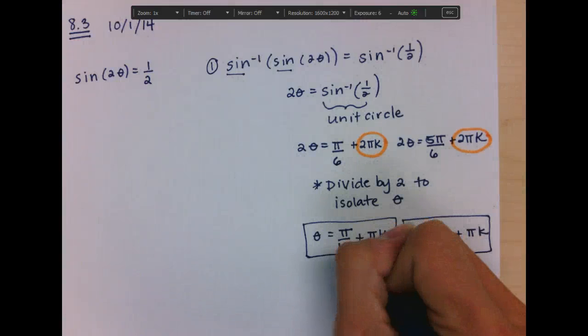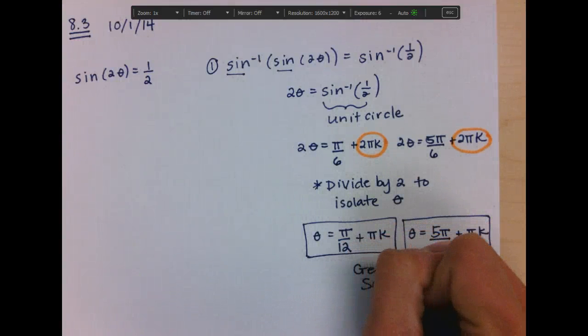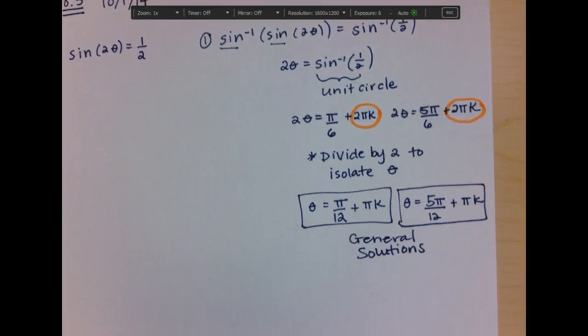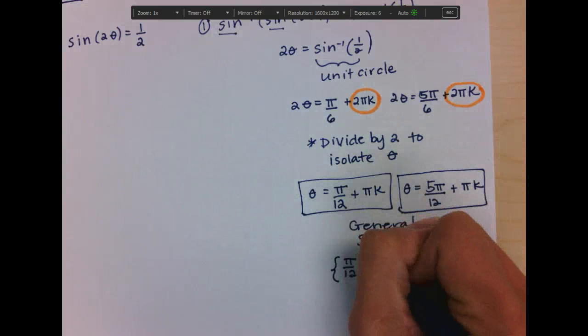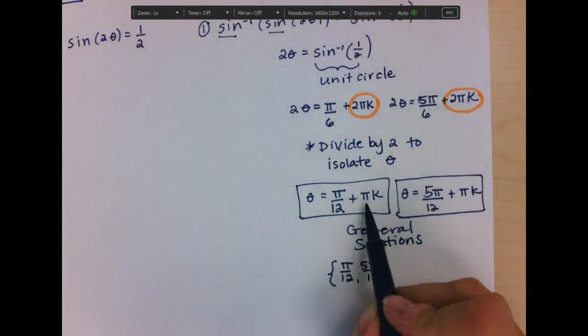So this is our general solution, or 2 general solutions. If we wanted to list the first 4 solutions, we'd have pi over 12 and 5 pi over 12. Those 2 are the same as what we had in class, but now we need to add just a pi k, not a 2 pi k.